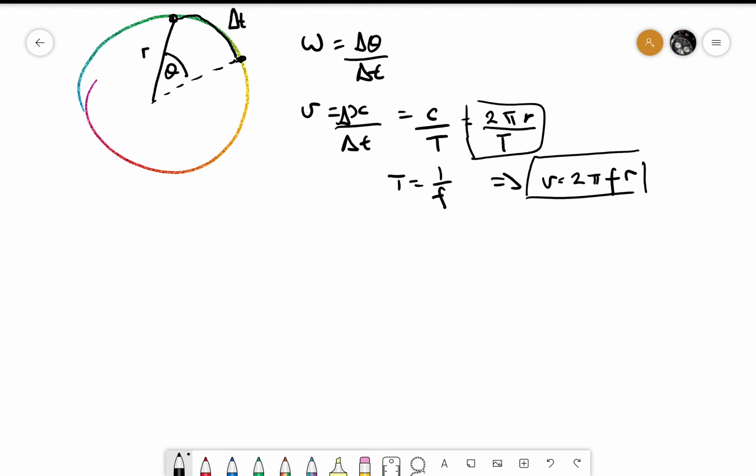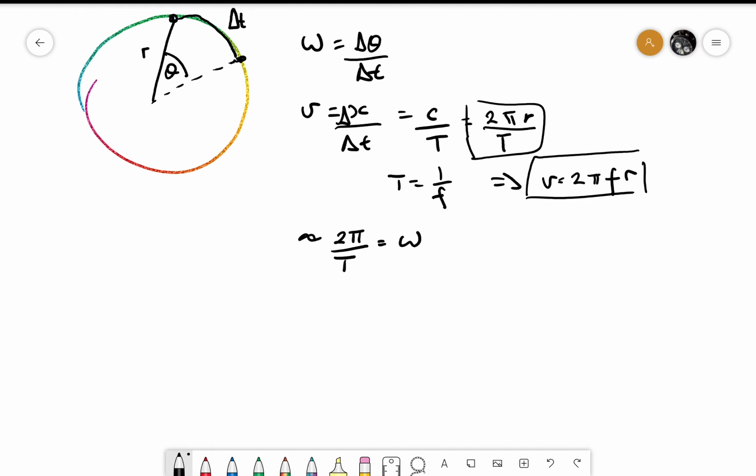But we want angular velocity. So we could do that because 2 pi over T and delta theta over delta t, well, that's very similar. We're going to just define 2 pi over T as being equal to omega.